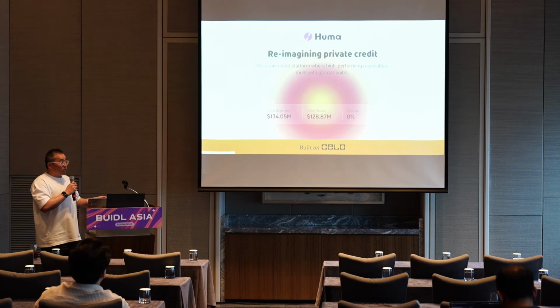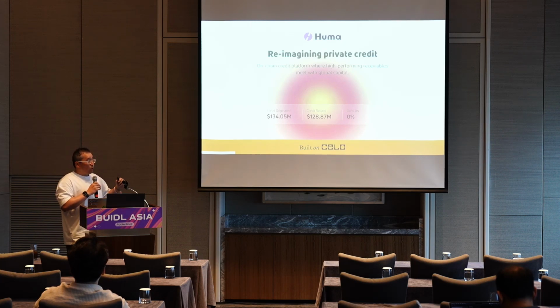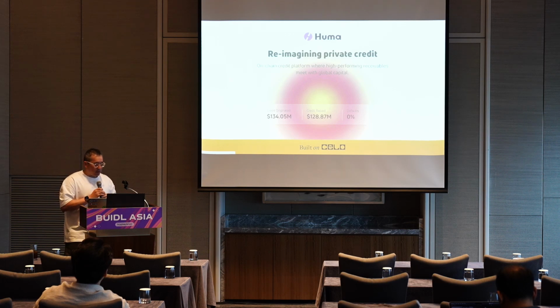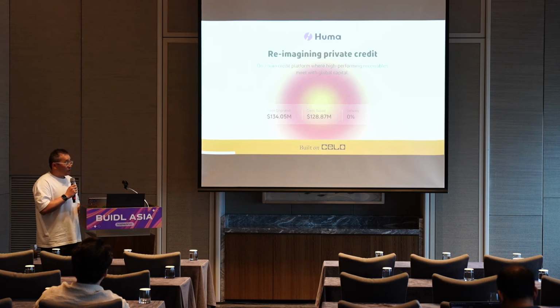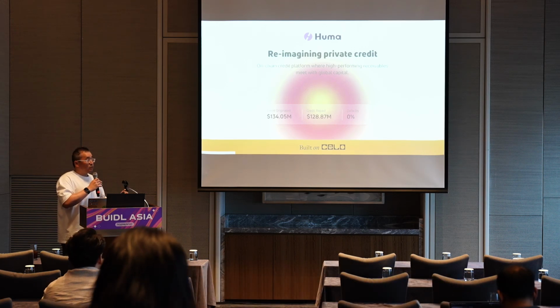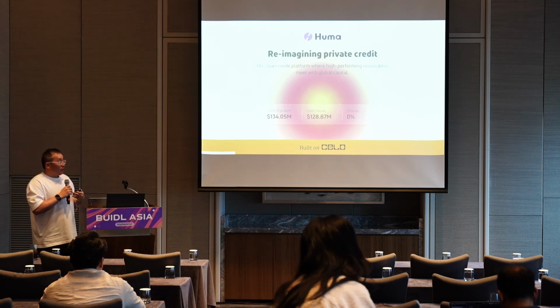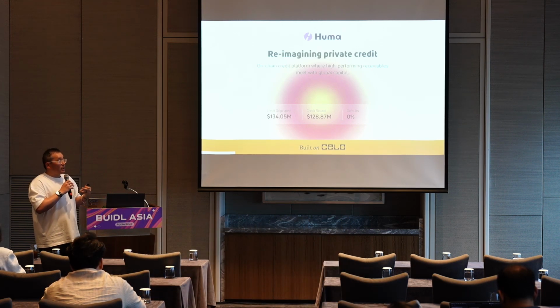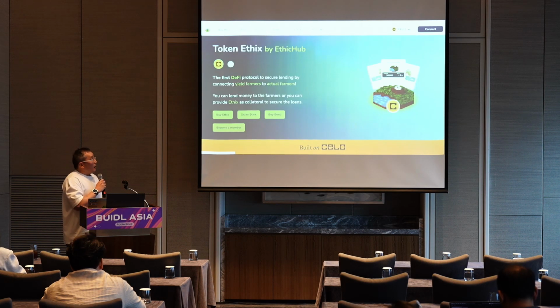Through their own local markets, they can't access it, or they can't access enough. Or if you look at some of the rates that are given to some of these companies, it's ridiculously expensive. With Huma, people can put up certain amounts of money to be loaned out, and because of that, I think it helps a lot of businesses that are out there.